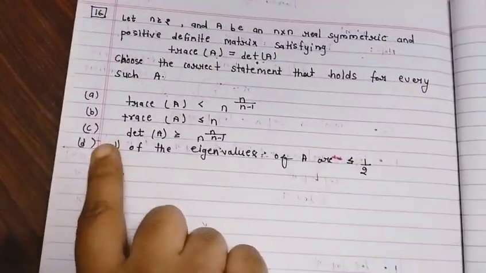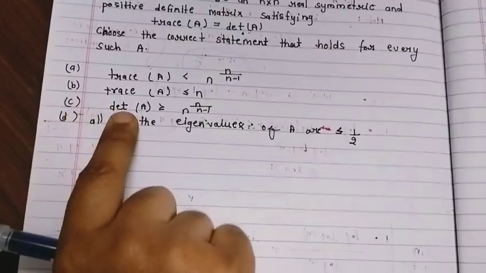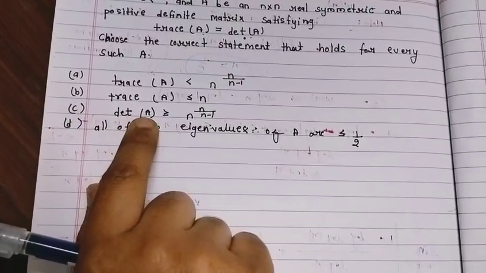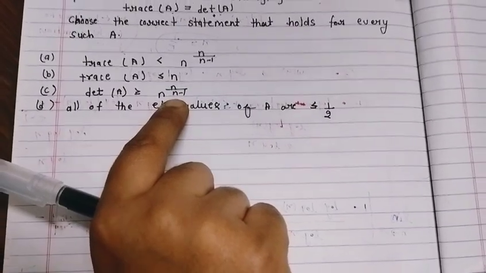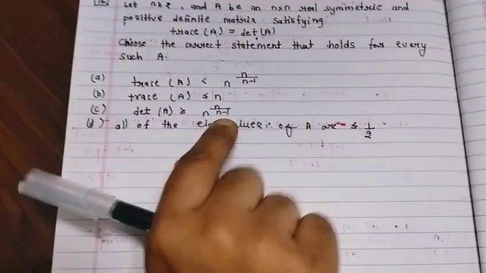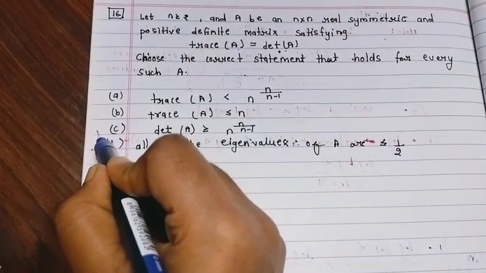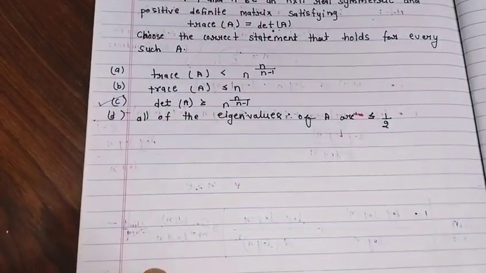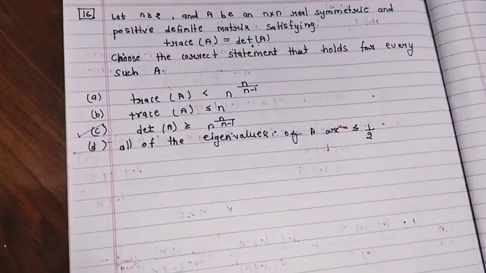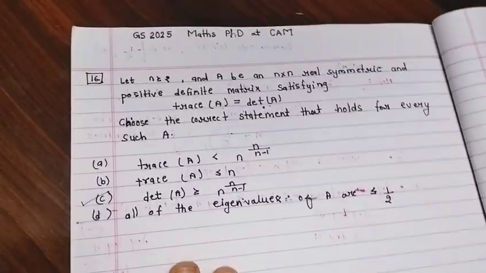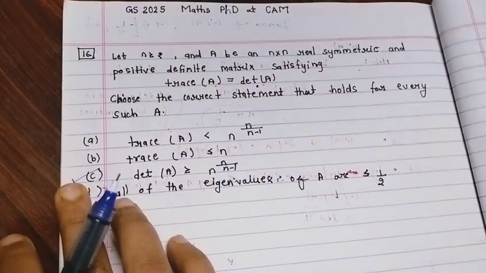Now looking at the options, I have option C, same as determinant of A is greater than or equal to n raised to the power n by n minus 1. So I found this option by AM-GM inequality.